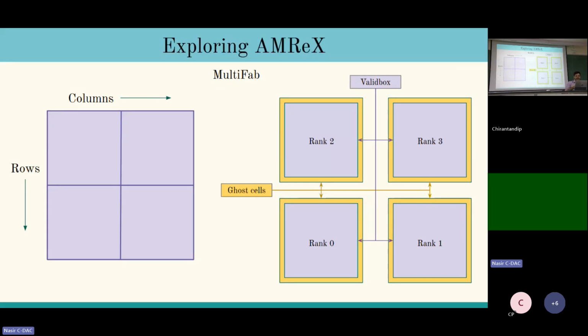So what can I do? Rather than creating another box array and going through the same process again, I can just increase the number of components in my multifab. That way I have a multifab built on the same box array, same distribution mapping, and multiple components.